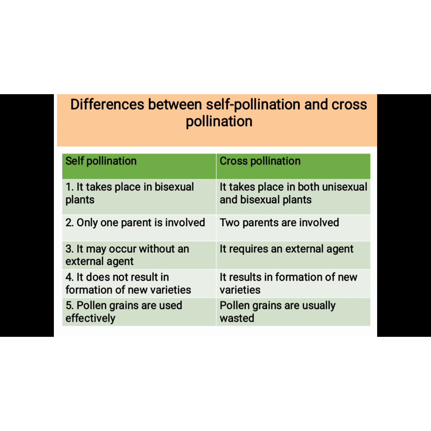In self-pollination, pollen grains are usually used efficiently and effectively, while in cross-pollination, pollen grains are usually wasted due to the activities of agents of pollination. And like I promised you, in the next video, I am going to talk about agents of pollination.